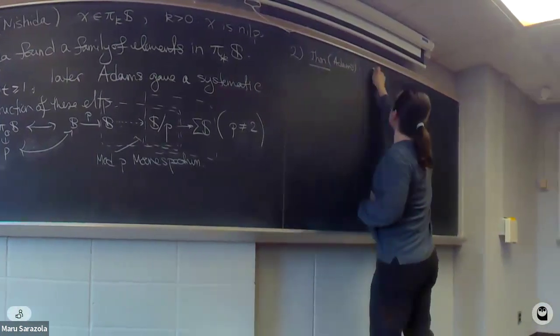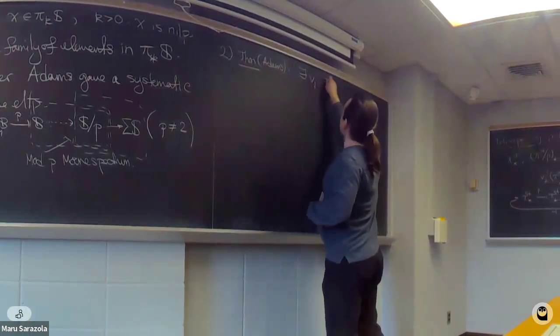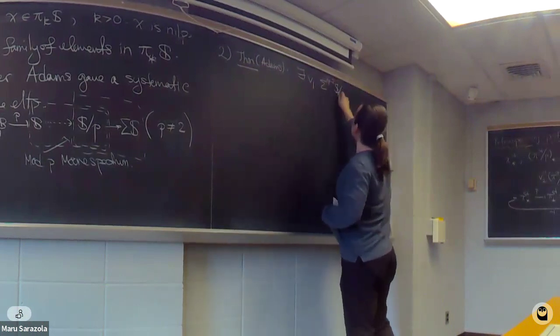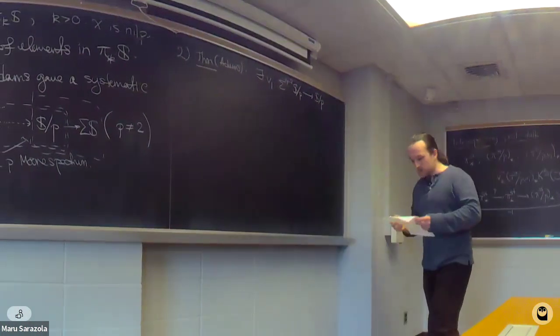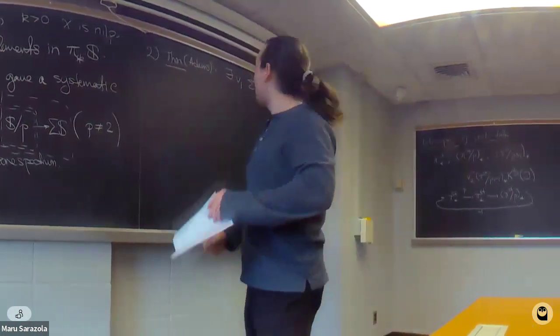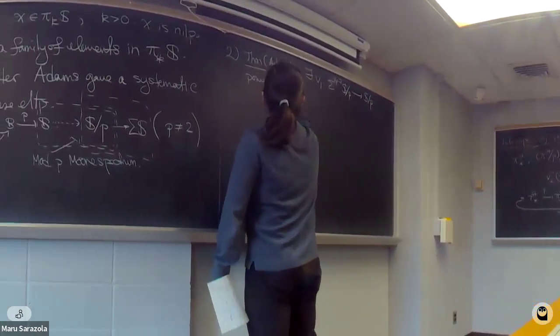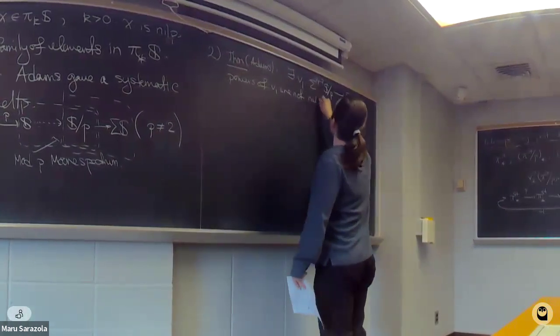which is that there exists a self map, which I'll call V1, from a 2p minus 2 suspension of the sphere mod p to the sphere mod p. And it has the following property: powers of V1 are not null homotopic.